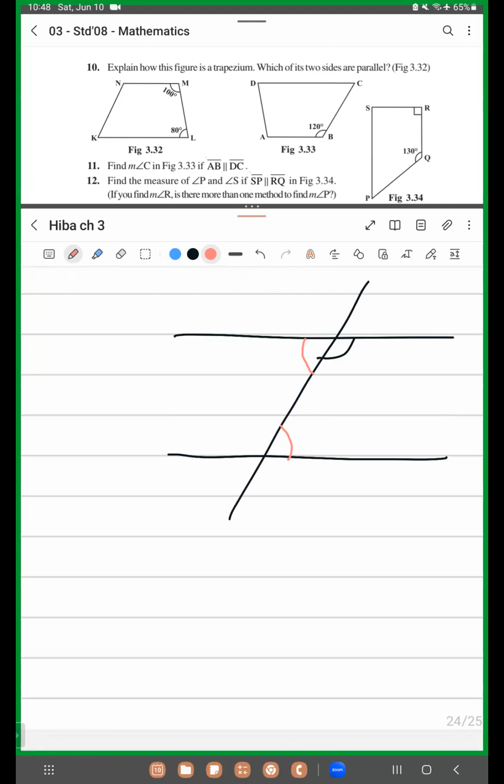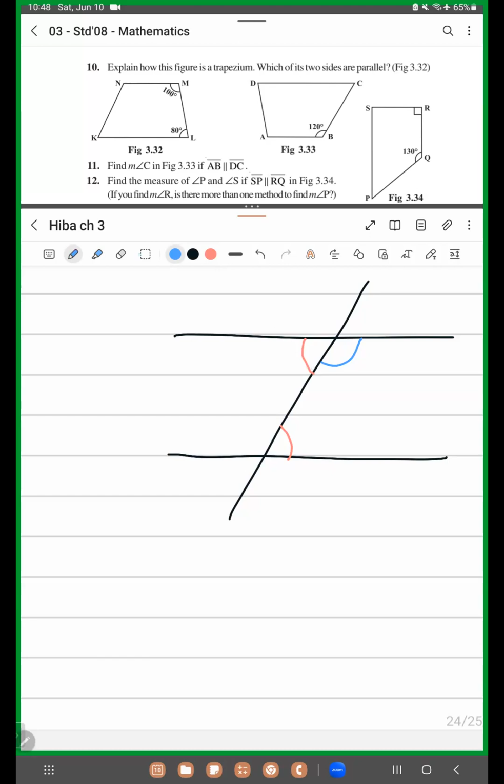Now this pink angle and the blue angle, is their sum going to be equal to 180 or not? Yes, because they are a linear pair.